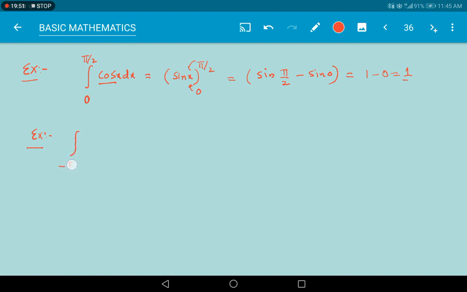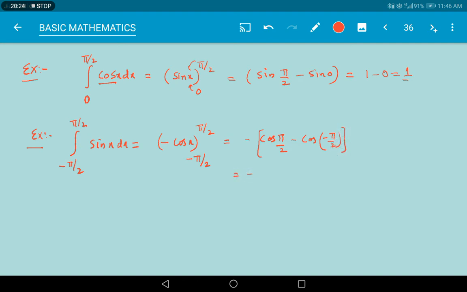Integration from minus pi by 2 to pi by 2 of sin x dx. So the integration of sin x is minus cos x, with limits minus pi by 2 to plus pi by 2. Substitute: minus cos pi by 2 minus of minus cos pi by 2.